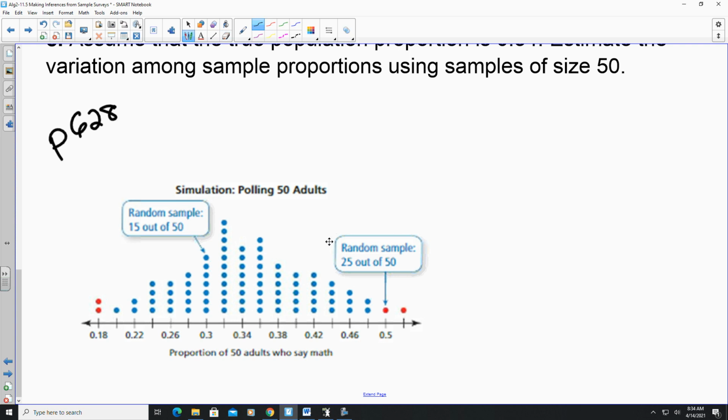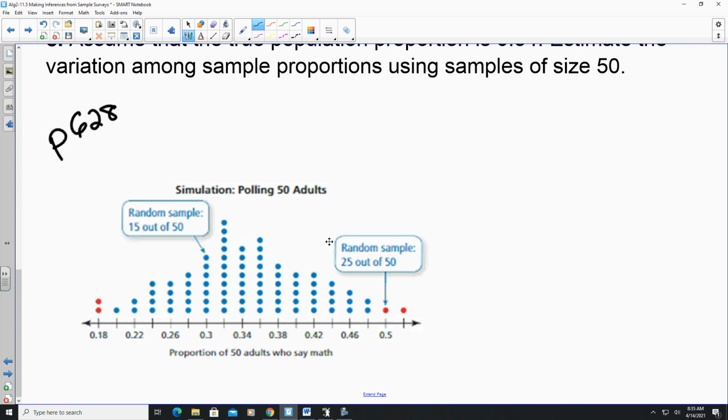Now, all of these dots are saying this: they did 80 surveys of 50 adults. Each dot represents one of the surveys of 50 adults and where the percentage landed on adults choosing mathematics as the most valuable school subject.